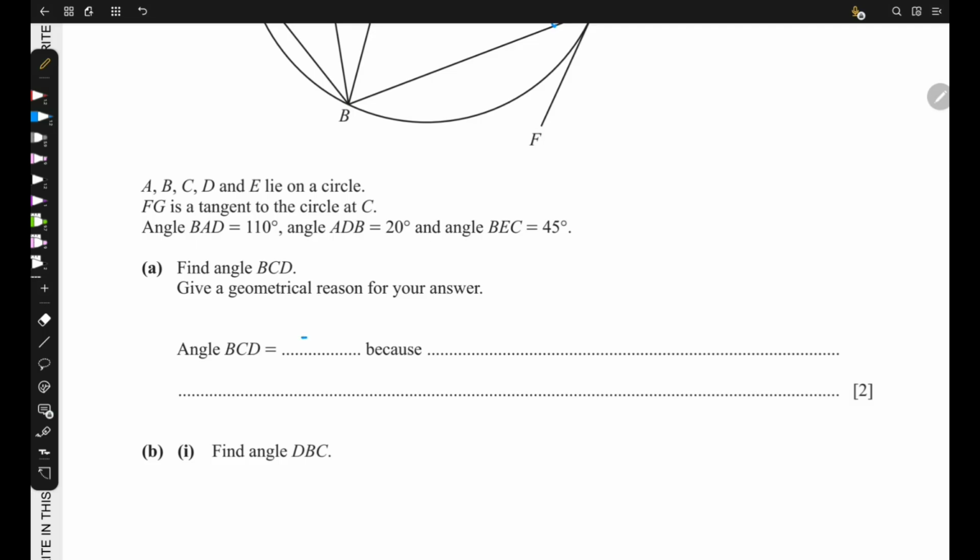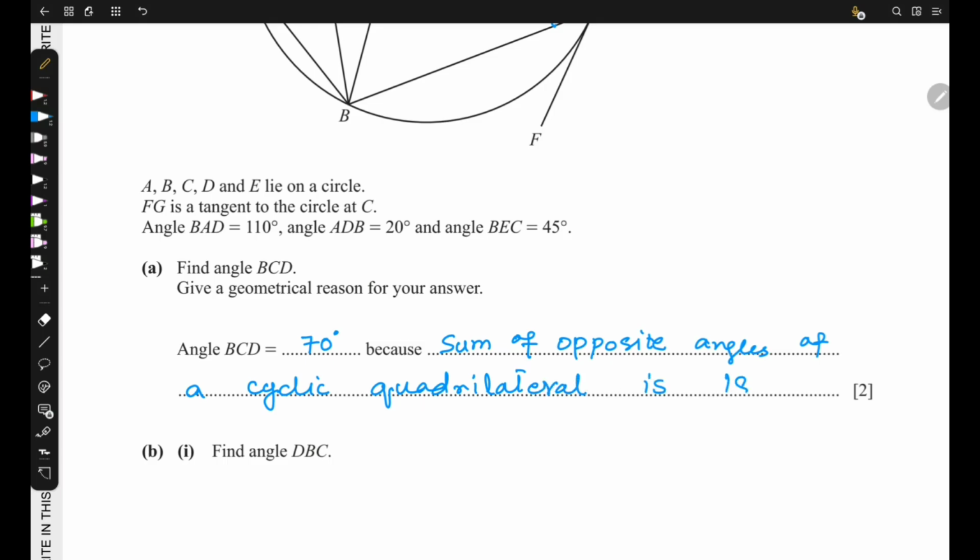The reason that we are going to write down over here is that the sum of opposite angles of a cyclic quadrilateral is 180 degrees. So that's why we got the value of angle BCD, which is 70 degrees.